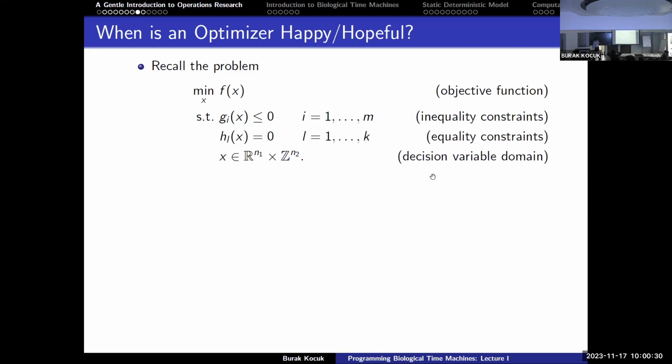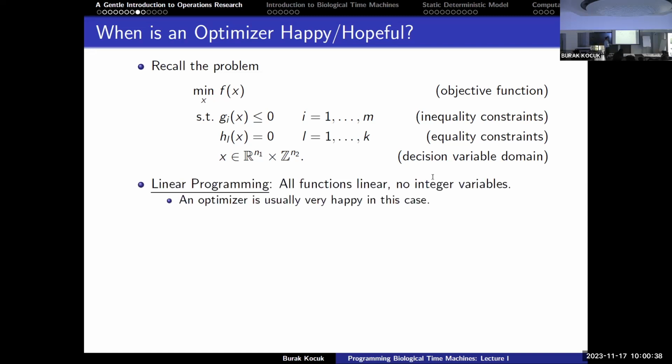Okay. So I told you that we as optimizers use heuristics, but not always. There are cases in which we are happy. For example, linear programming, the one invented pretty much by Dantzig, with the simplex method as the solution method. In linear programming, all these functions are linear. So you are allowed to add decision variables and multiply decision variables by constants.